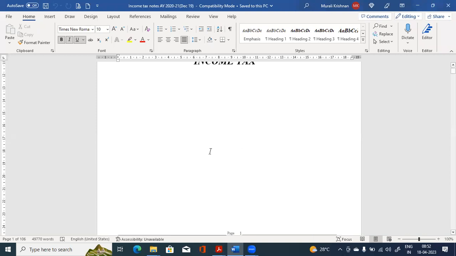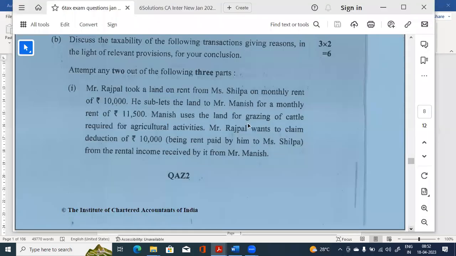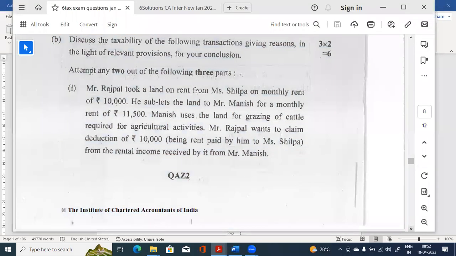Okay. Now, Rajpal took land on rent from Shilpa. So this is Rajpal. This is Shilpa. Shilpa is having the land. Rajpal took it on rent.